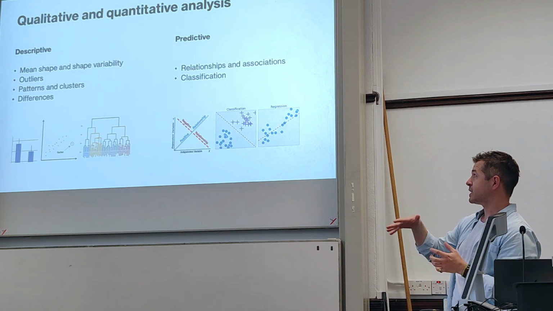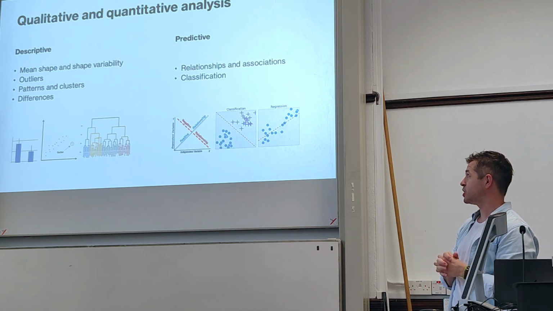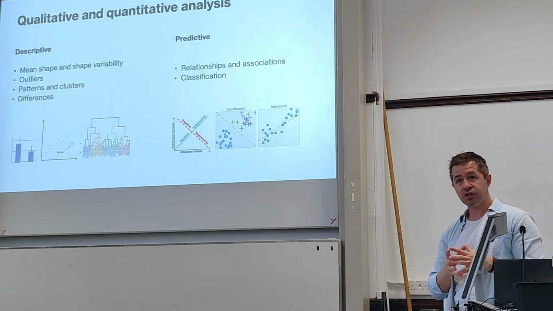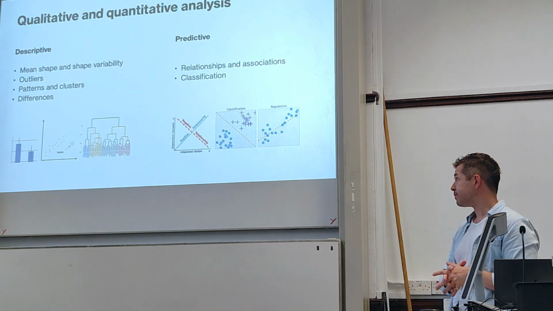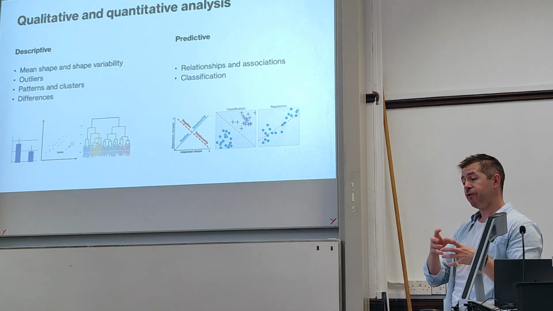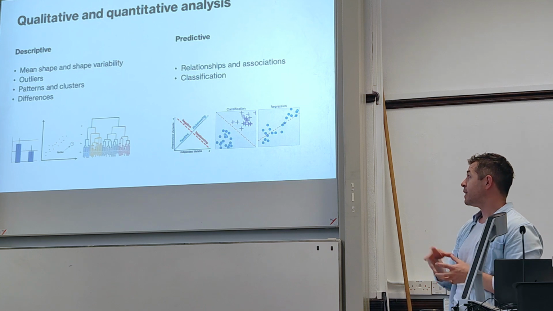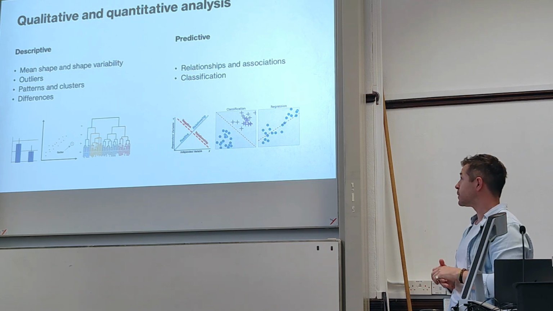So not only can we describe, we can look at differences in patients, patient groups. It allows us to look at the mean configuration of a shape, and I'll show you an example, and how far every patient is from that mean configuration. And we can interrogate that. But also it can be used, I use the word loosely, in a predictive way.